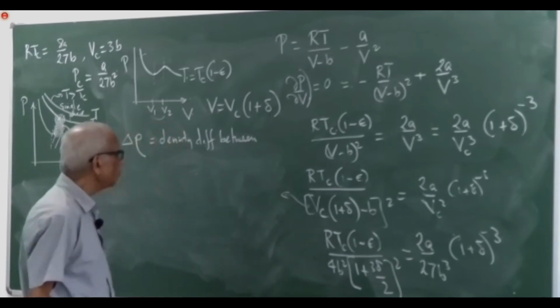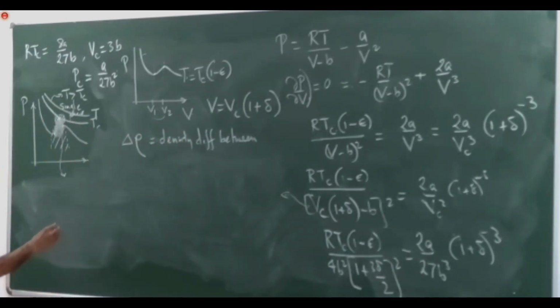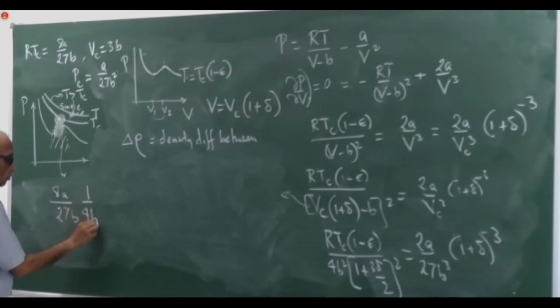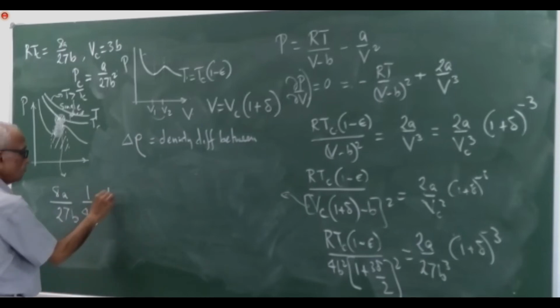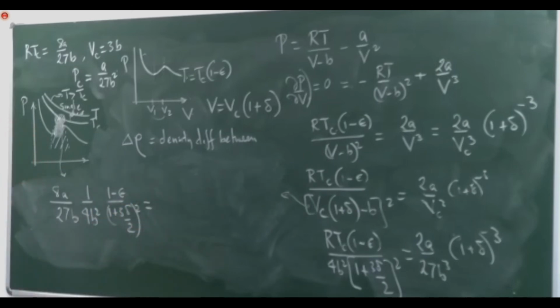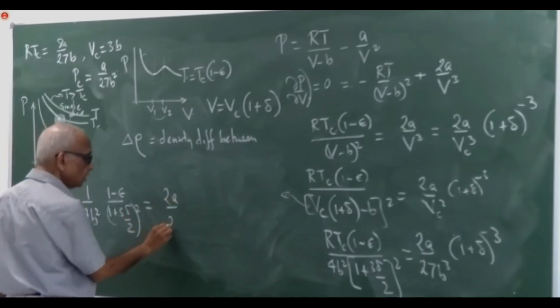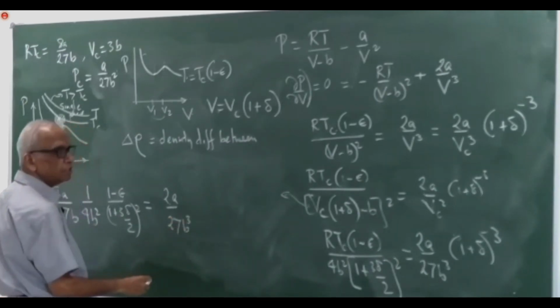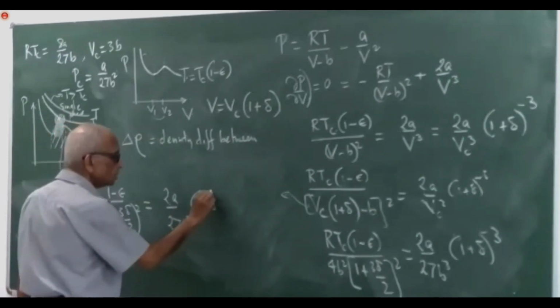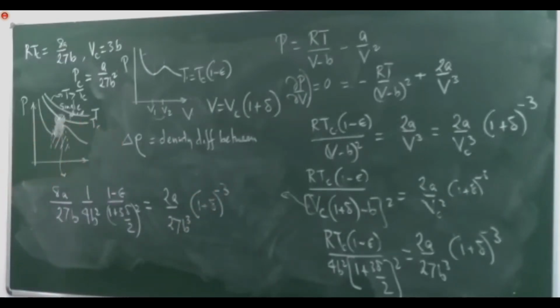So RTc over 4B squared. So RTc is 8A by 27B, and then I have 1 by 4B squared, and I have 1 minus epsilon into 1 plus 3 delta by 2 whole squared, and this is equal to 2A over 27B cubed into 1 plus delta to the minus 3.